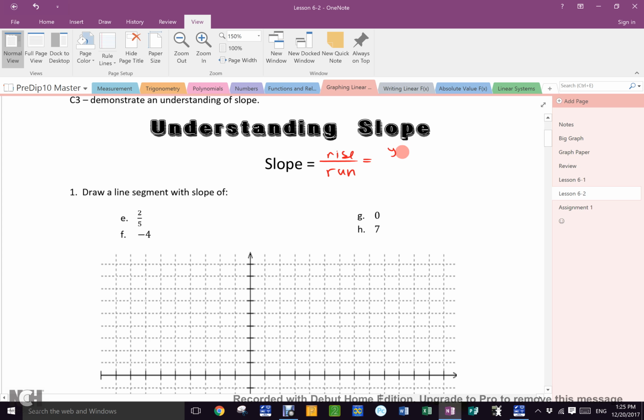Rise is on the y-axis. Run is on the x-axis. Positive is up. Negative is down. Positive is right. Negative is left. Okay? Great.